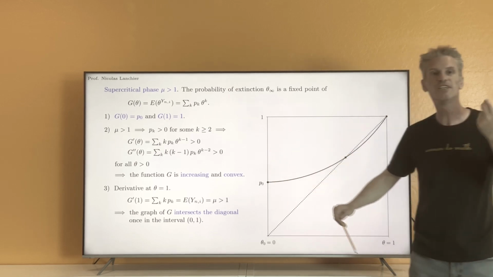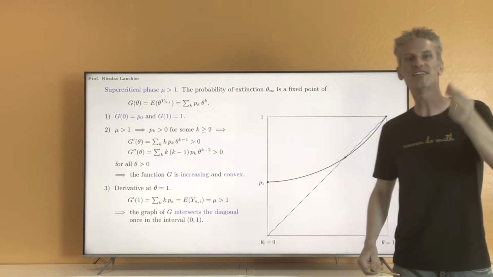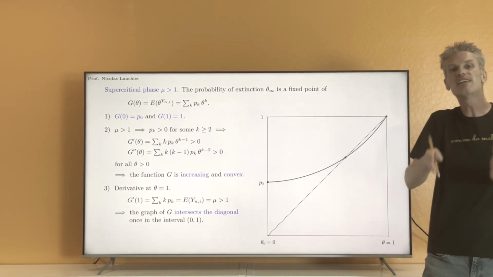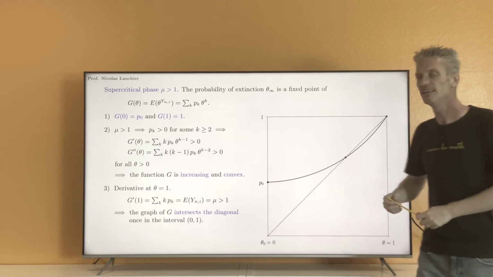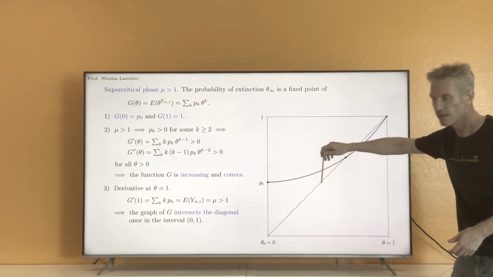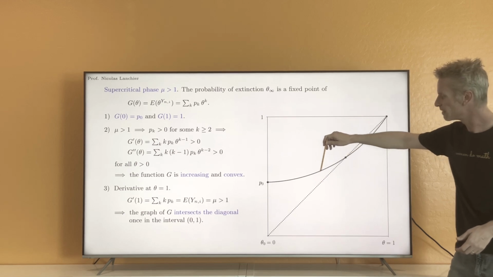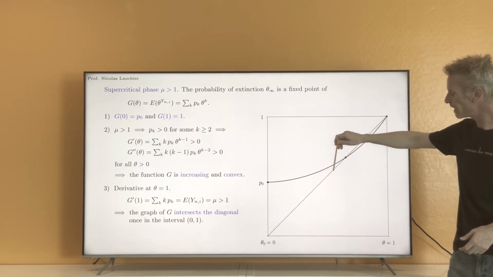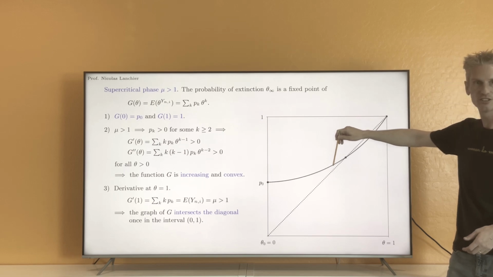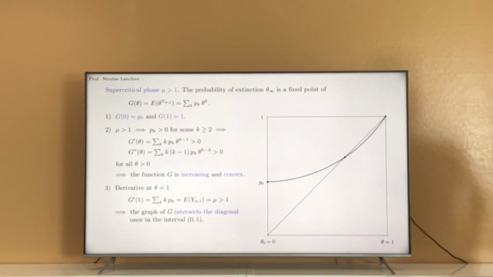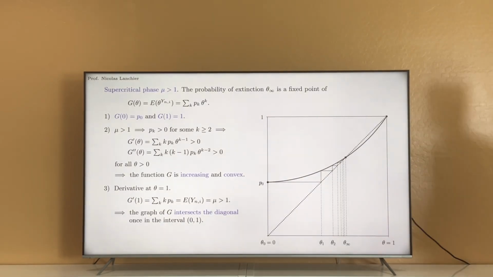And then the way you find theta 2 is by again applying g, and so theta 2 is g of theta 1. The way you do this is you just project this on the straight line here, and you go up again. And here you read theta 2. And then you go here again and look at the image by the function g, that's theta 3, and so on. Eventually, you can see that your sequence looks like that.